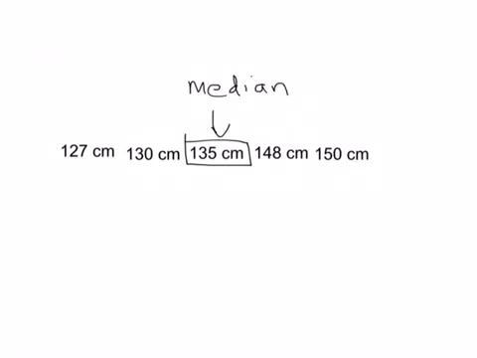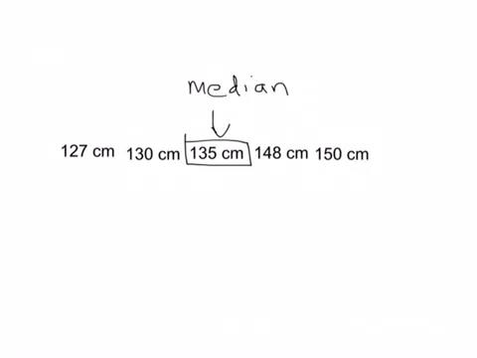What's our mode? Is there a number or a measurement that shows up more than any other one? Jack: 150. Does that show up more than 127? Yes. How so? Because it's more. How many 150s are there in this set of data? 1.